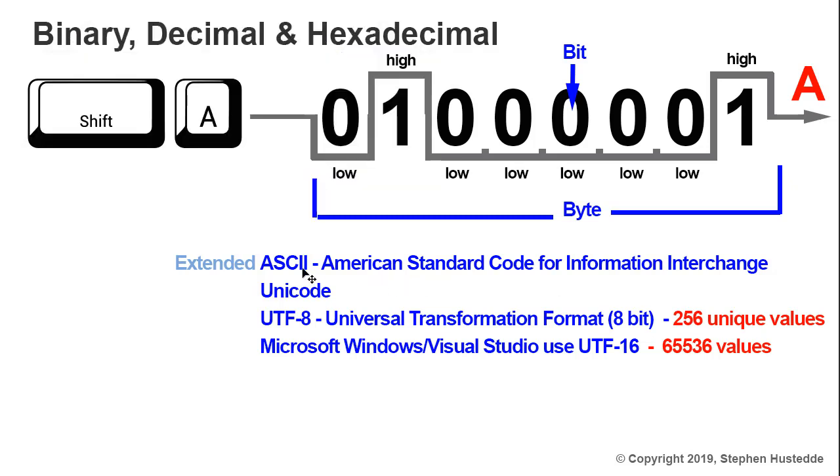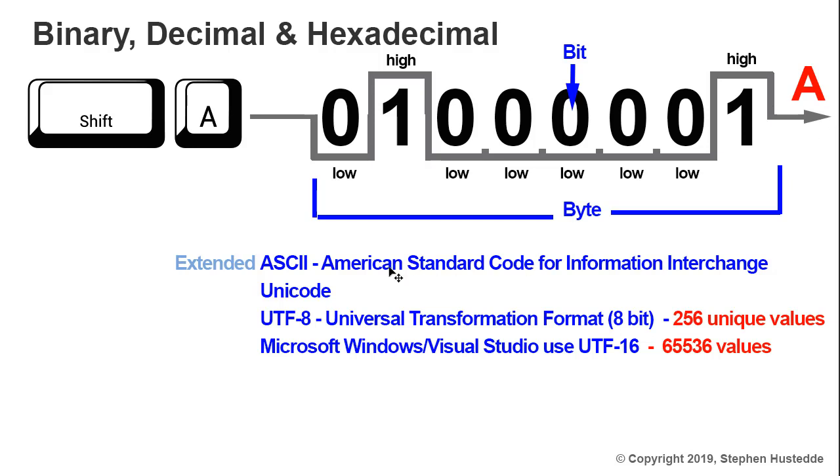You can Google ASCII and find tables of the different characters based on these sequences. Today we refer to this more or less as UTF-8, what we call Unicode, and there are various versions of Unicode. UTF-8 is a universal transformation format that is 8-bit, or 1 byte. There are 256 unique combinations of zeros and ones, and so we can have up to 256 different characters.